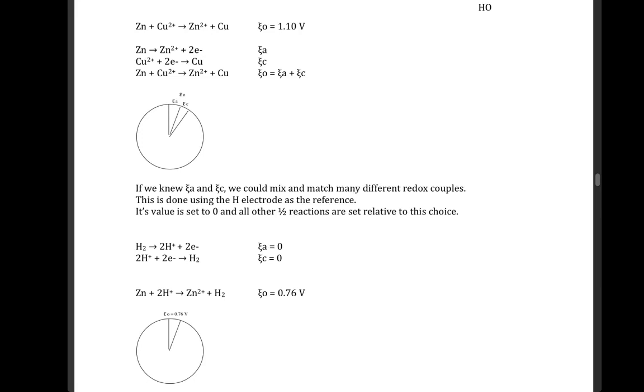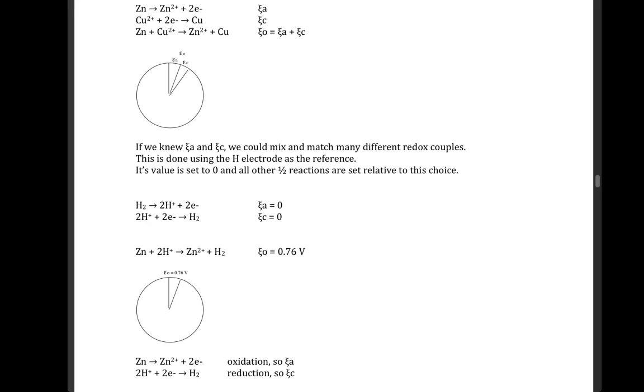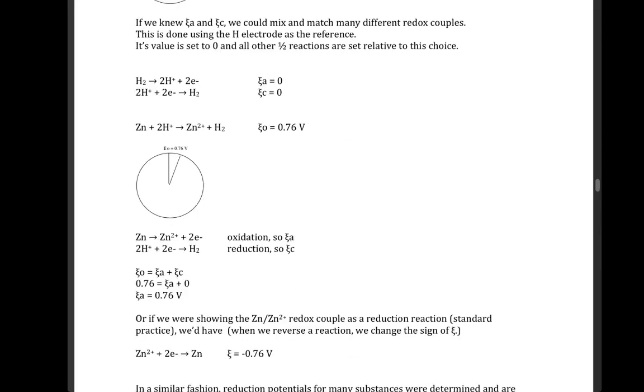Okay, so we use the hydrogen electrode as the reference, and the hydrogen electrode could be oxidized, it could be reduced, depending on the other redox couple it's matched up with. It is set to 0 no matter whether acting at the anode or at the cathode.